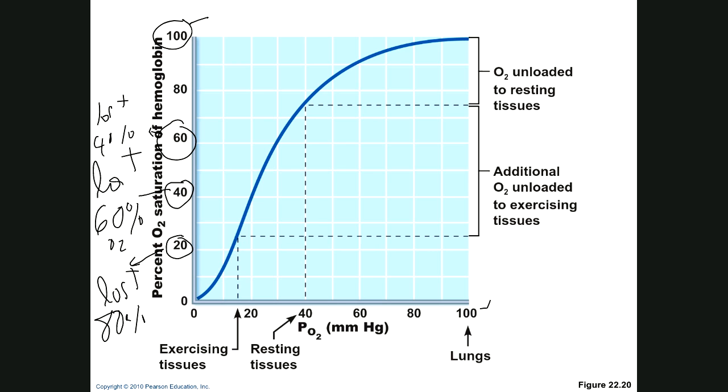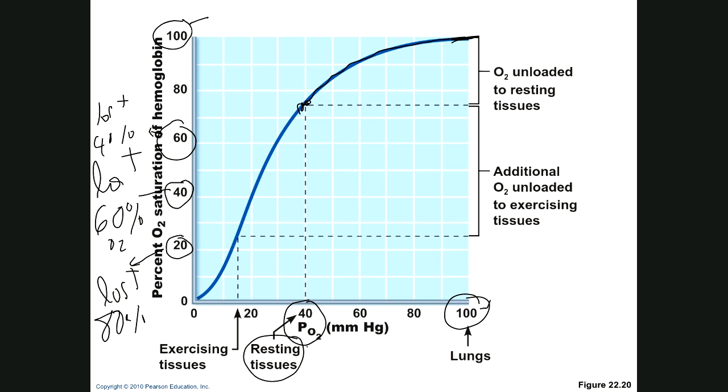All right, so as hemoglobin travels through the lungs, there is lots of oxygen. Hemoglobin is 100% saturated, so it has picked up as much oxygen as it possibly can. And now it's going to begin to travel through tissue. In resting tissue, oxygen values are 40 millimeters of mercury.